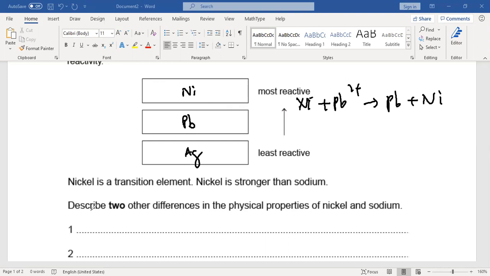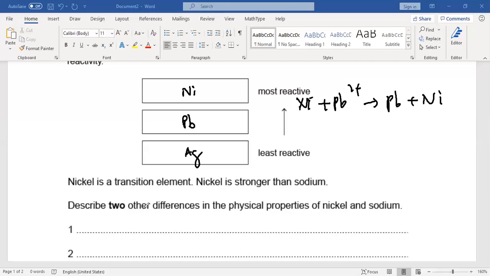The reactivity of a metal depends on the availability of that metal to provide electrons. So the more available a metallic atom is to provide electrons, the more reactive it is.